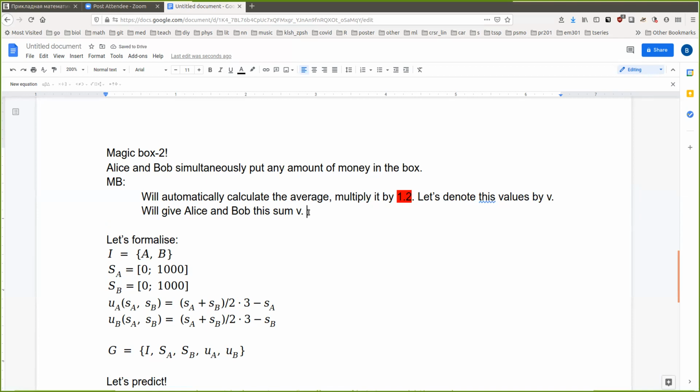Yeah, I think this is okay. Because it was an awful box. I will never put money when the average is multiplied by 0.8.